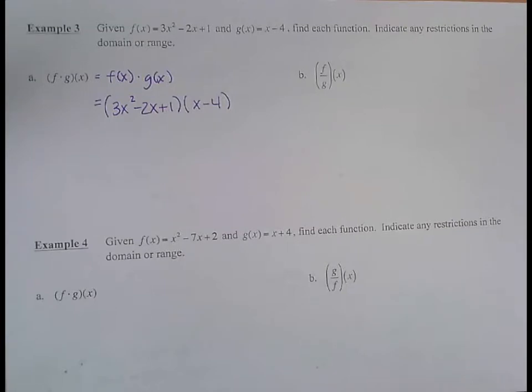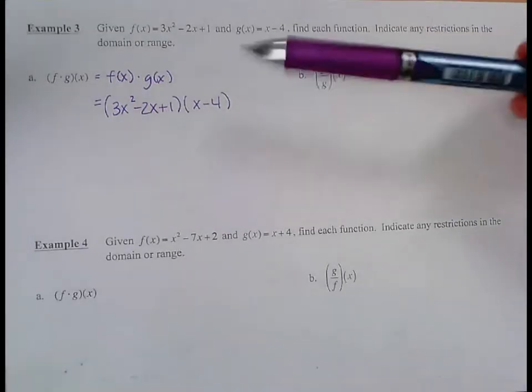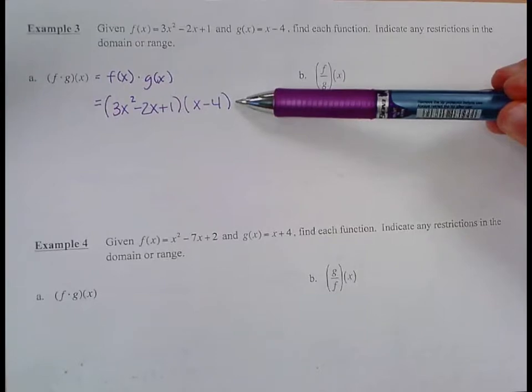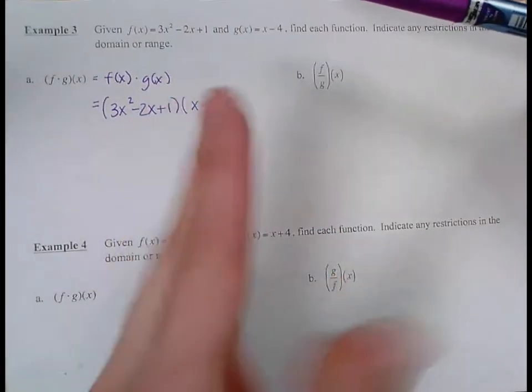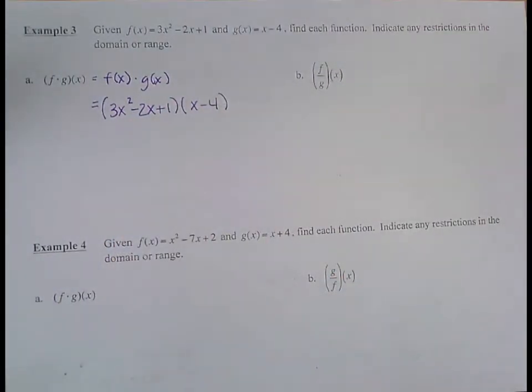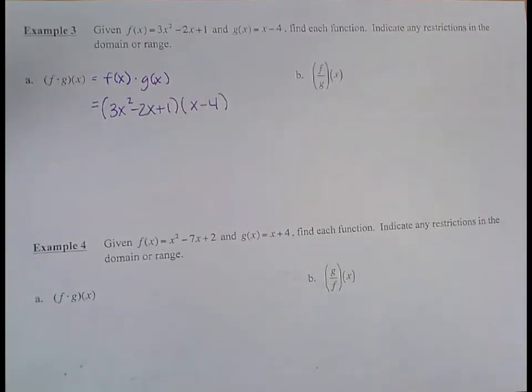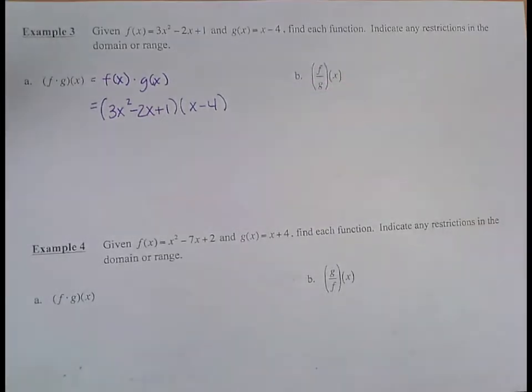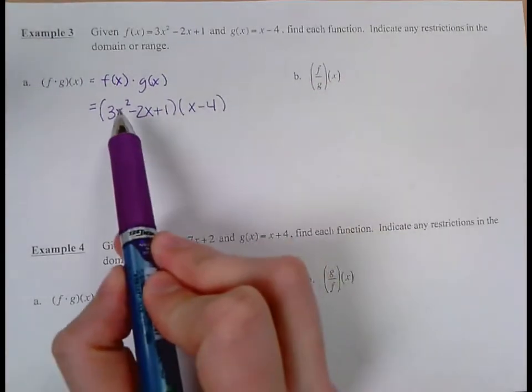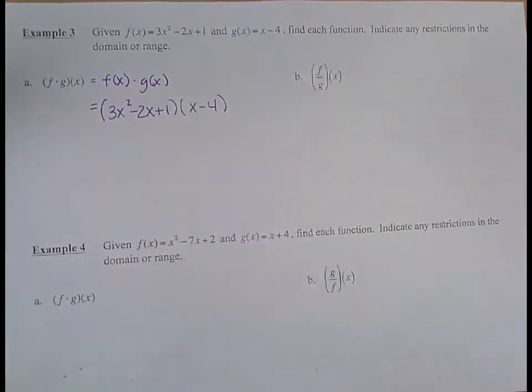I know some of you, with your multiplication, when you saw a problem like this in Chapter 5, if you switched the order of these, that's fine. The order for multiplication doesn't matter. Your answer would still be the same as long as you're distributing correctly. So if you wanted the x minus 4 in front, f times g, g times f, they're the same thing. So that wouldn't matter. Otherwise, you're just multiplying using that variation of the distributive property.